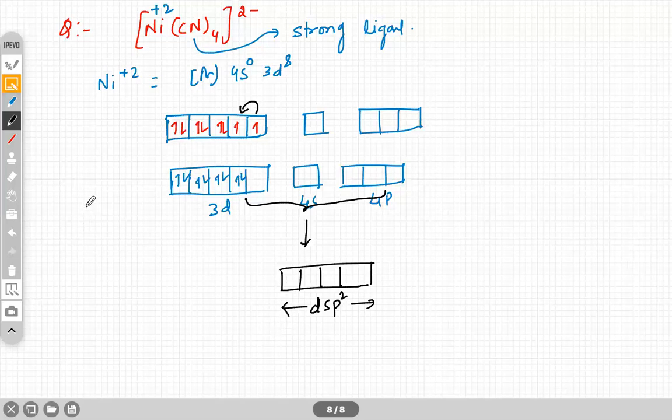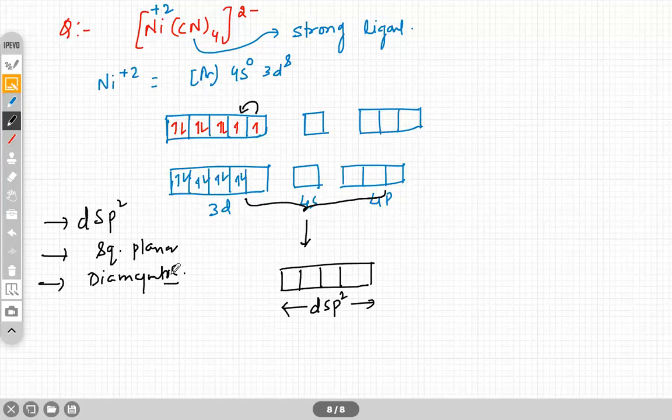So hybridization is dsp2. Geometry is square planar. Magnetic property is diamagnetic. Okay, these three things we can understand from this.